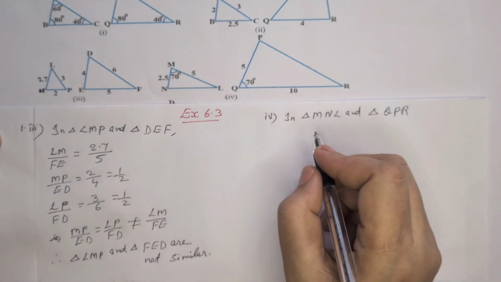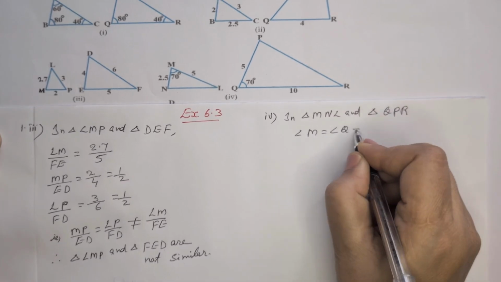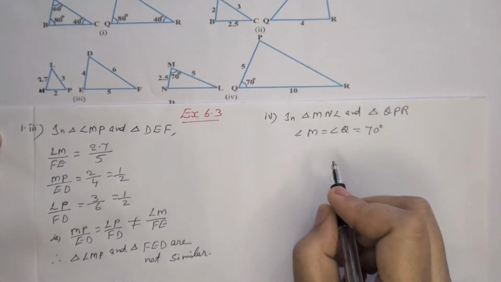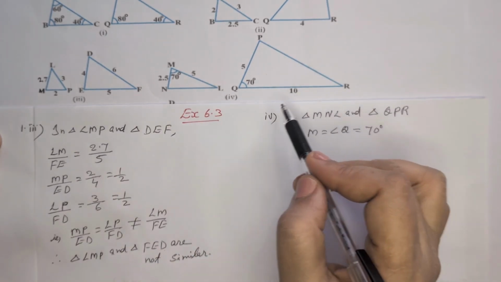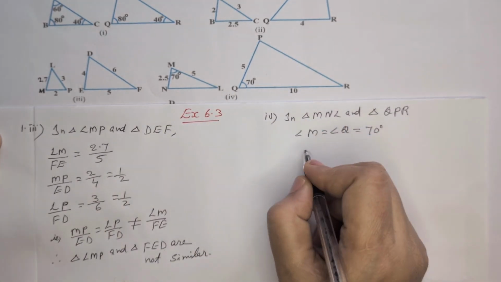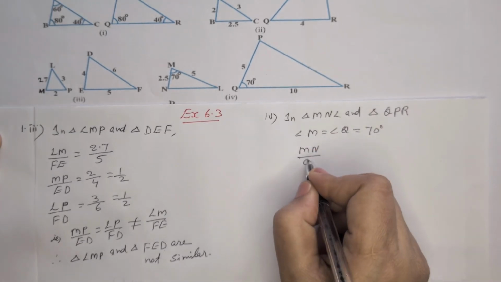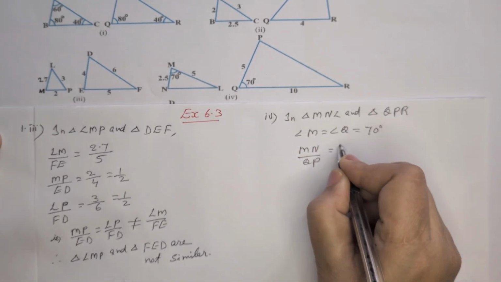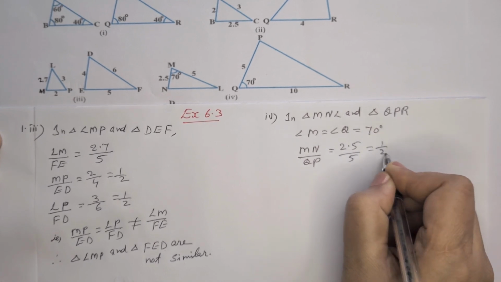Then here angle M is equal to angle Q. It's equal to 70 degree. Then sides MN divided by QP. MN by QP is equal to MN is 2.5, here 5, which is equal to 1 by 2.